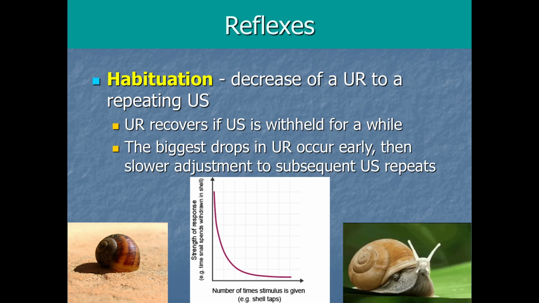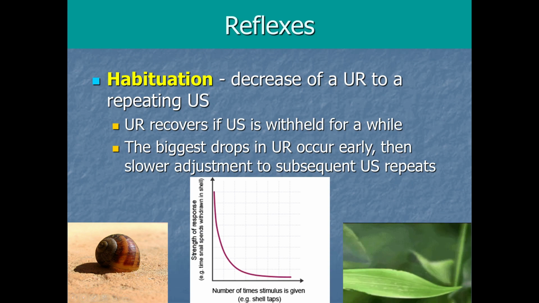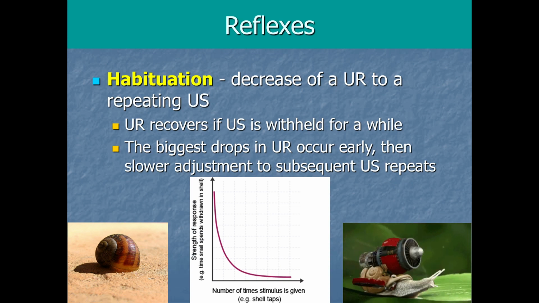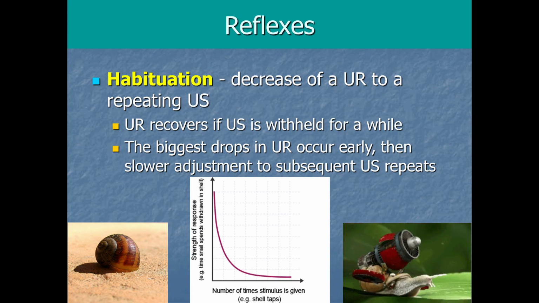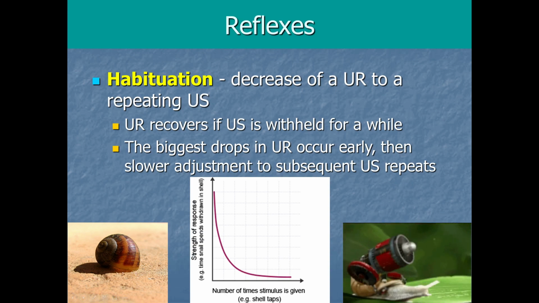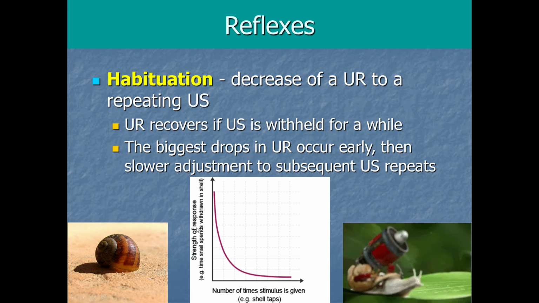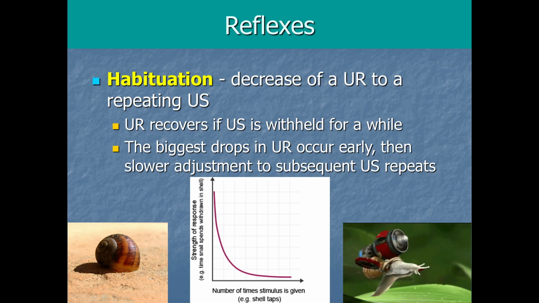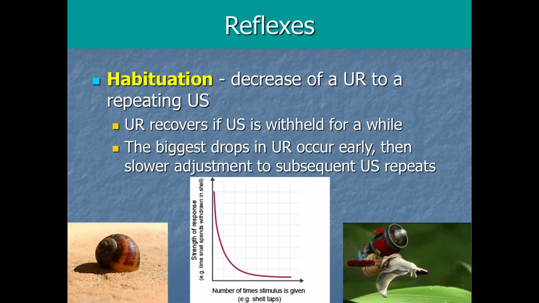For example, the data you see here in the graph in the middle, this is for a snail's withdrawal reflex. If you tap the shell of a snail, they have a reflexive response of withdrawing into the shell. And we've graphed out here on the bottom x-axis how many times you've tapped to activate that reflex. And on the left, on the y-axis here, what we've got is how big of a response there is. In this case, how long the snail hides away as a reaction to that tap.